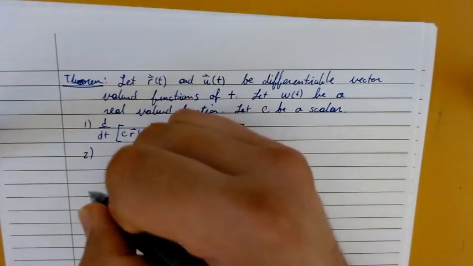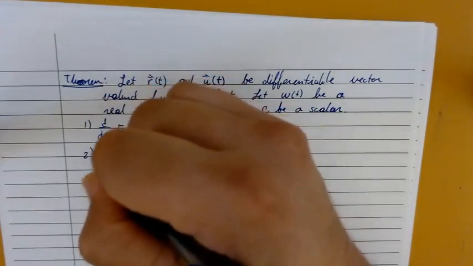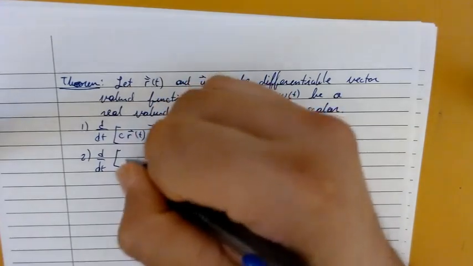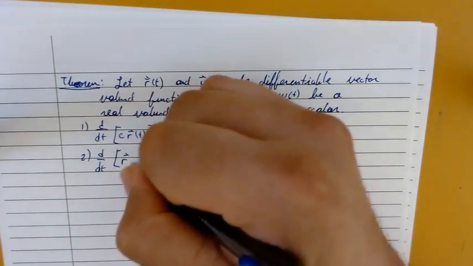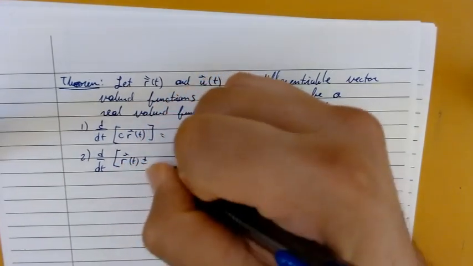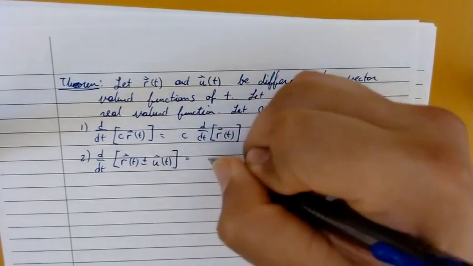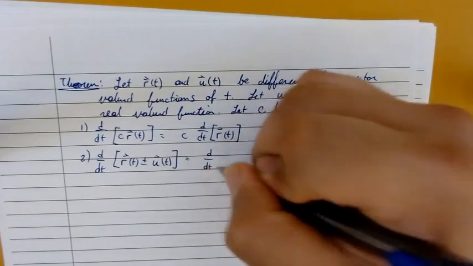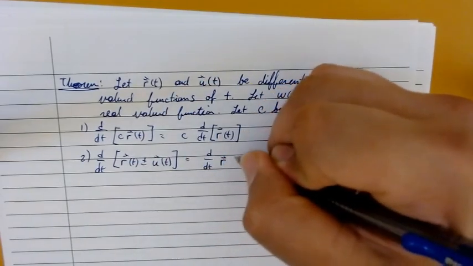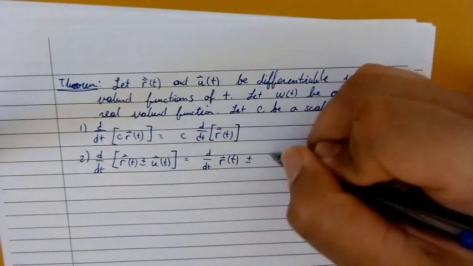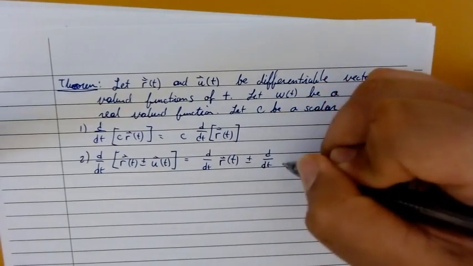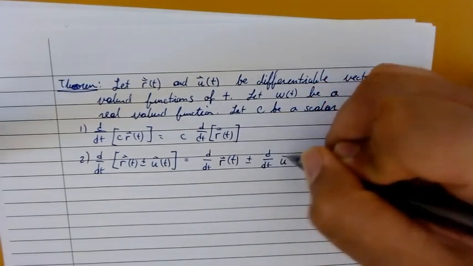The second thing, if you take the derivative with respect to t of either the sum or difference of two vector-valued functions, that's equal to the derivative with respect to t of r of t plus or minus the derivative with respect to t of u of t.